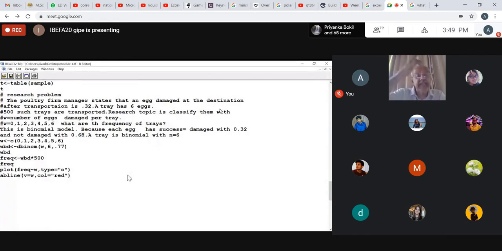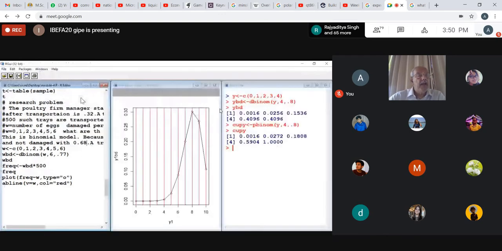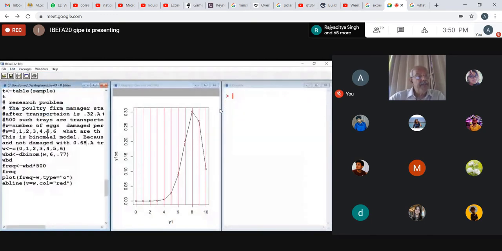An egg, single, each. And the tray is a binomial model. So, somebody should explain this output to me.